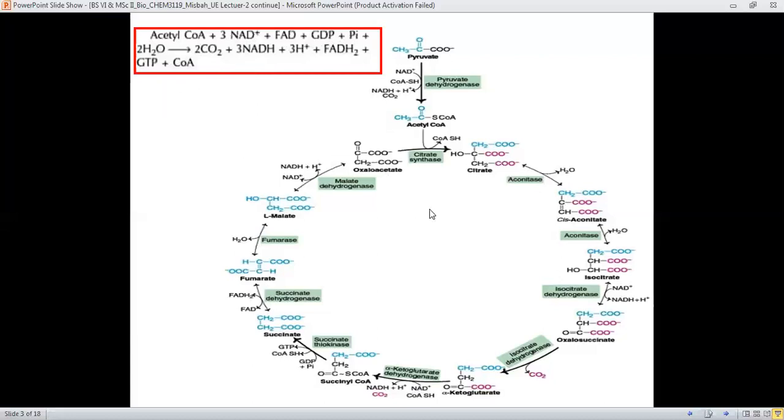And similarly, two water molecules are also added, one molecule here and a second one over here, and it results in the liberation of two carbon dioxide molecules, reduced form of NAD and reduced form of FAD in a 3:1 ratio, and GTP formation. So we can say this is the overall summary of the citric acid cycle.